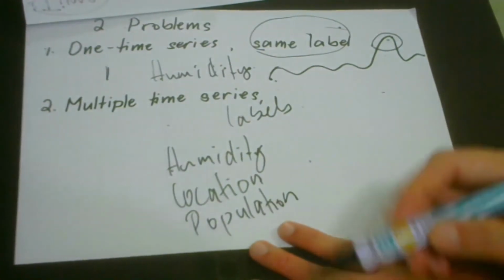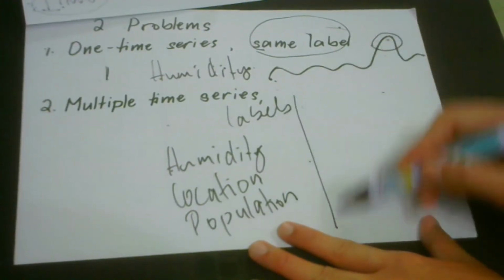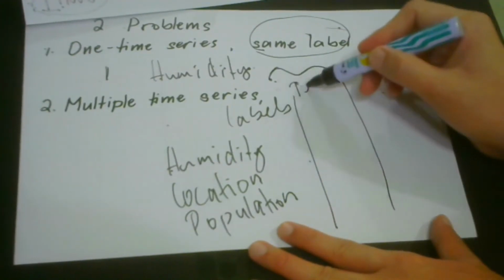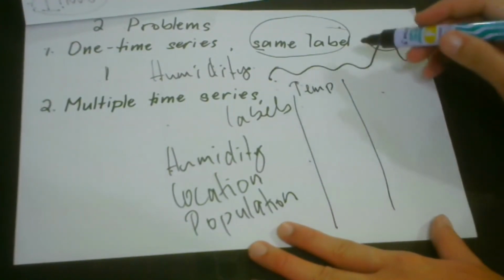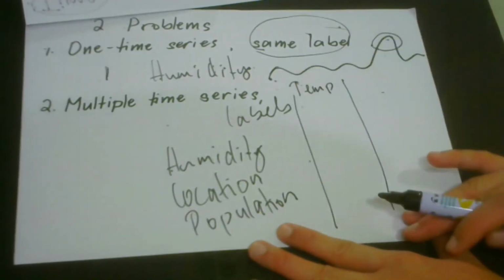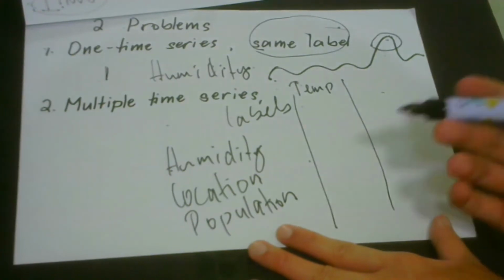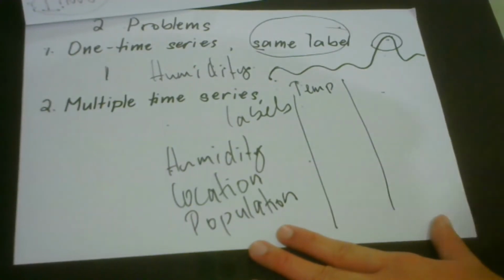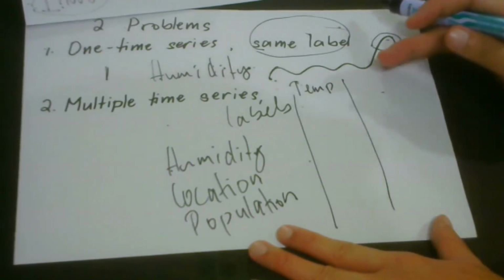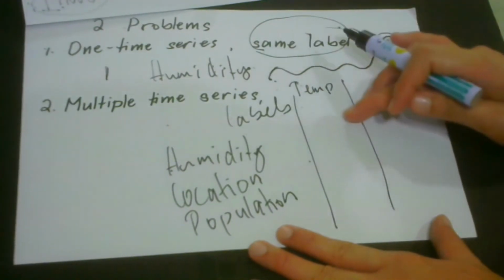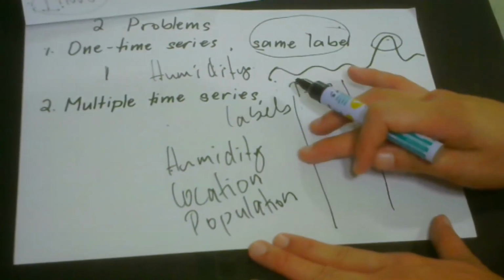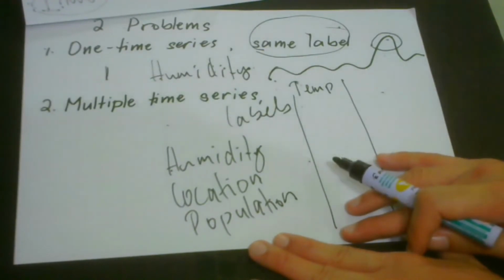And so with that, we are going to understand what would be the temperature for a certain time of the day. We are going to measure the temperature based on the given humidity, the given location, and the population density of a certain area.